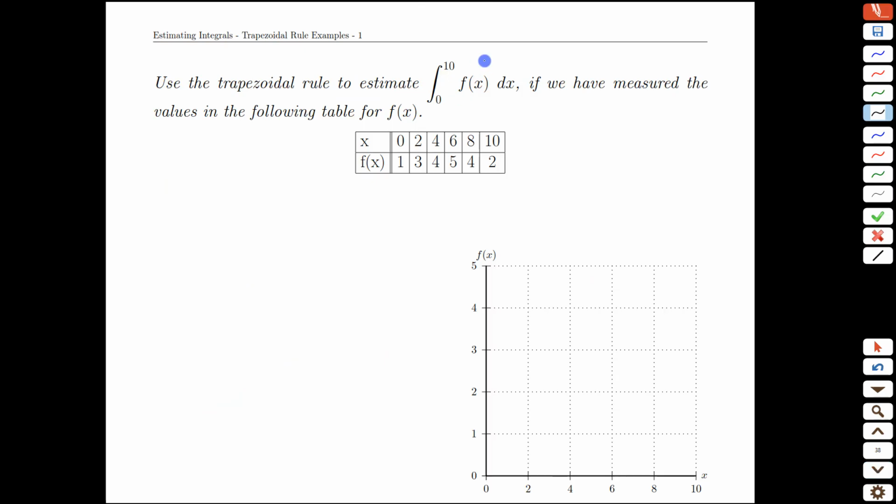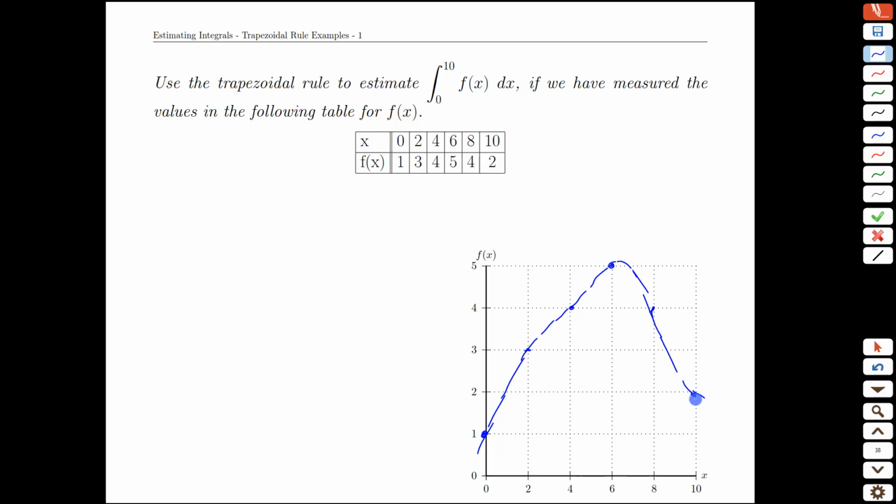All right, let's see this in application. We have a function. Let's draw this out first, where the value is 1, and then at 2 it's 3, and it goes up to 4, it goes up to 5, 4, and 2. So the idea is the function might look like anything. We don't really have much information.